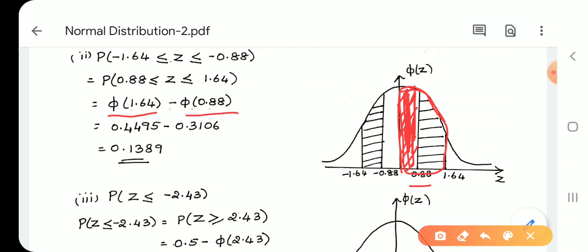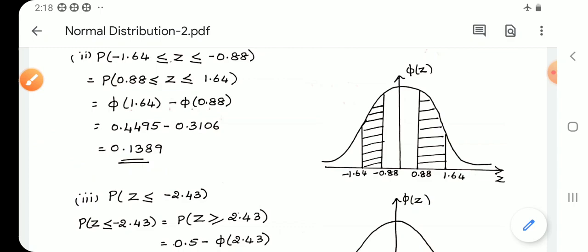So if I subtract phi of 1.64 minus this shaded portion, I'll get the shaded portion that we require. Using the table, phi of 1.64 is 0.4495, and phi of 0.88 is 0.3106. When we subtract, we get the answer as 0.1389. So this is the required value for the given question.